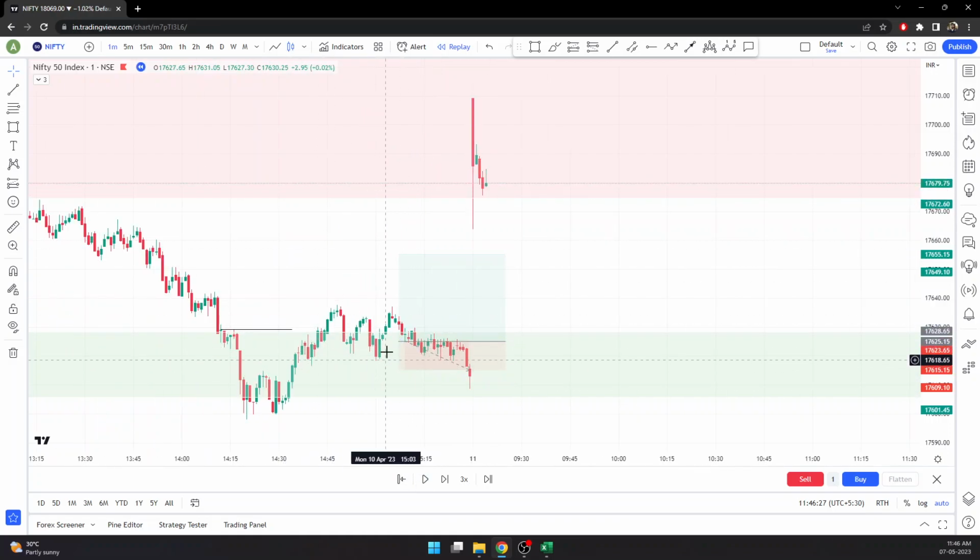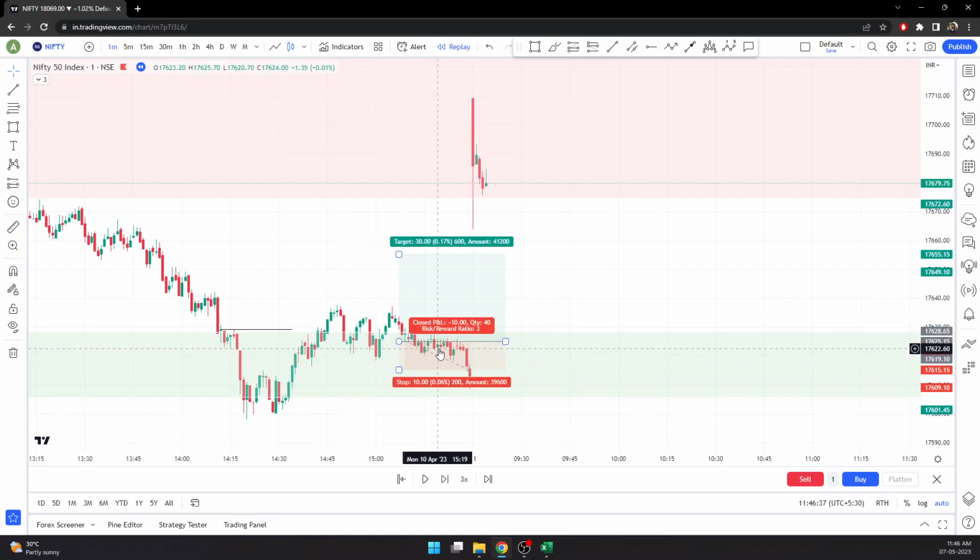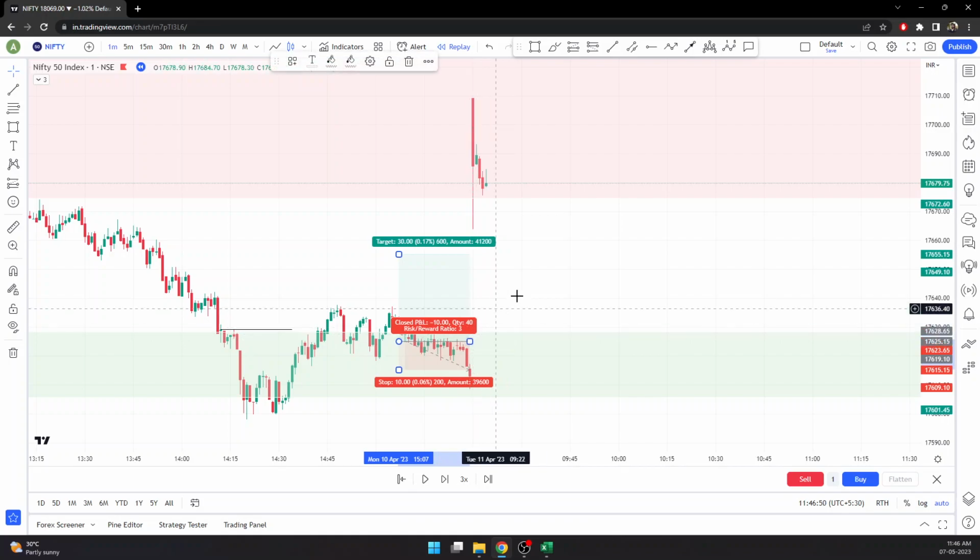So this is what happens with trades after 2 or 3 p.m. Basically we got the buying signal, we took our entry, but eventually we do not see any buying happening in the last 30 minutes or last 1 hour of the trading day.